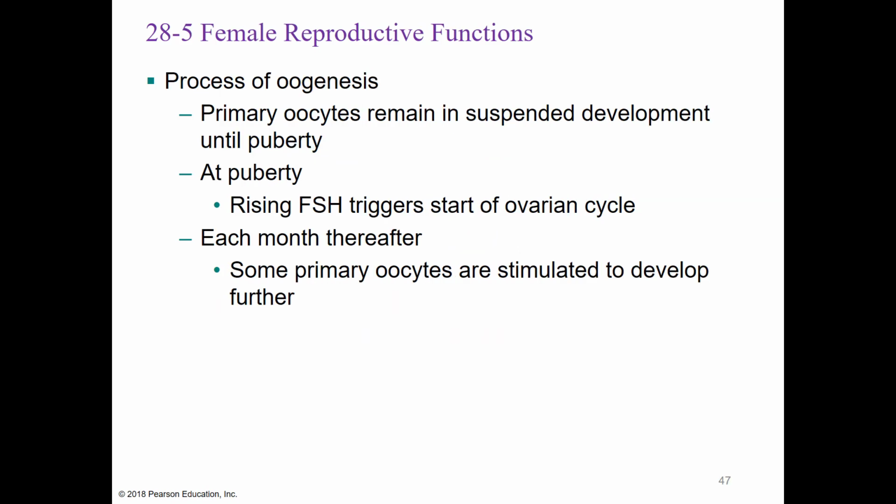Primary oocytes remain in suspended development until puberty. At puberty, rising FSH, remember that means follicle stimulating hormone, will trigger the start of the ovarian cycle. Each month thereafter, some primary oocytes are stimulated to develop further.